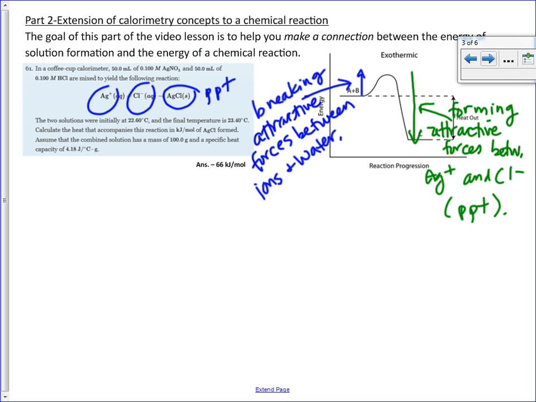So that should look familiar. First energy goes in, then energy comes out. And in our case, this is going to be an exothermic reaction. We can tell that from the change in temperature of the surroundings that's provided, but this diagram matches the chemical reaction.